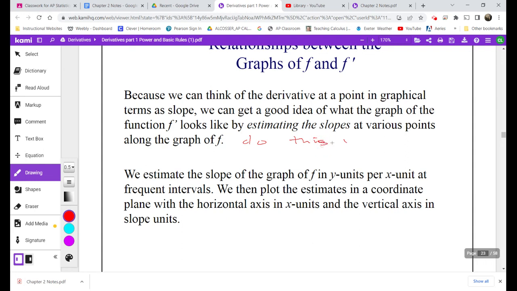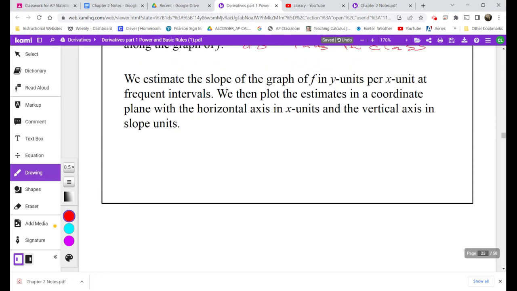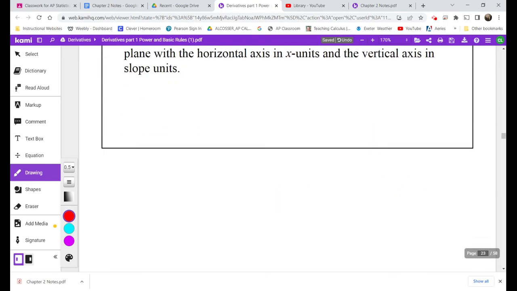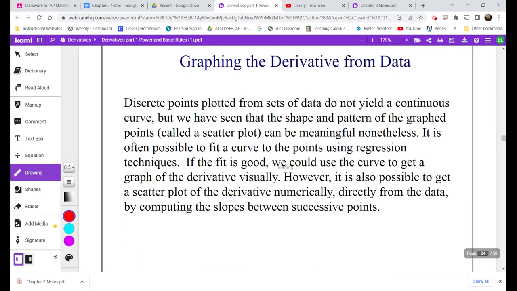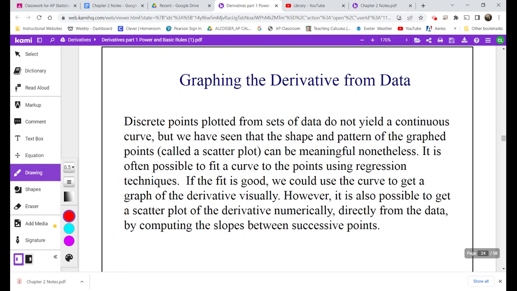We're going to talk about that in class. We'll just talk about this slide in class. It's a lot easier, and I can do it on the board. Same thing here, graphing the derivative from data points. We'll deal with that.